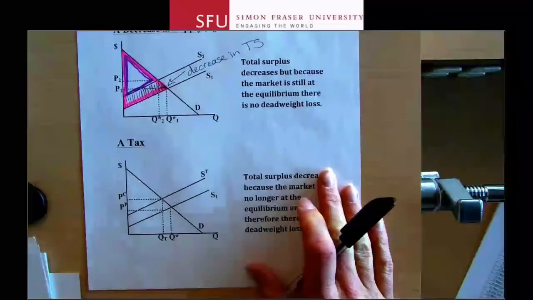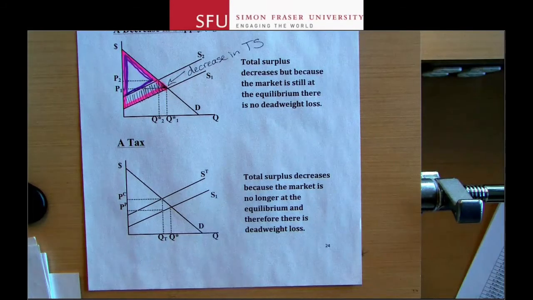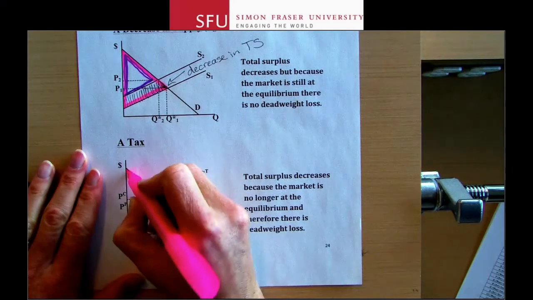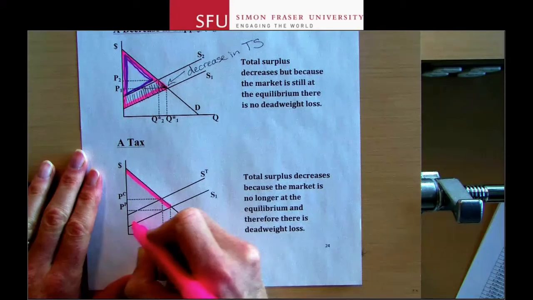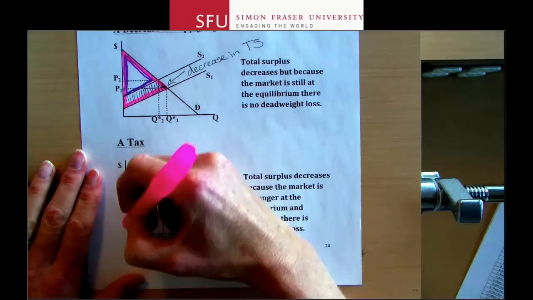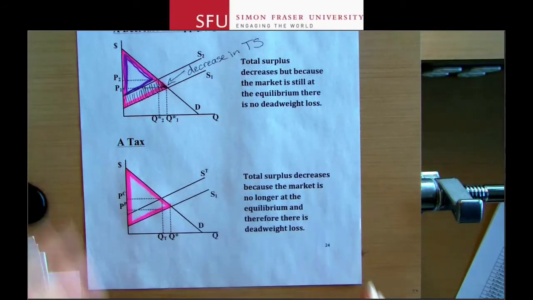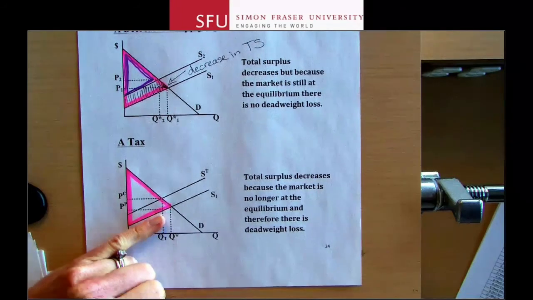A tax is different, though. So for a tax, I'll use the same color here. First, before there was a tax, the market had the maximum amount of surplus. But now there is a tax, but the cost of production has not gone up. The cost of production is still here.